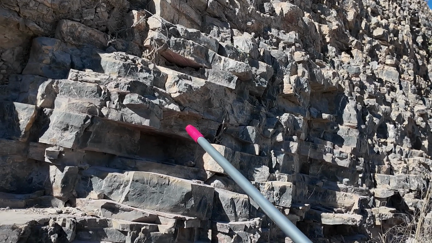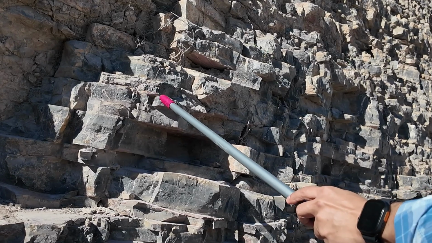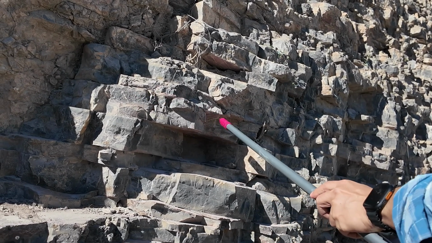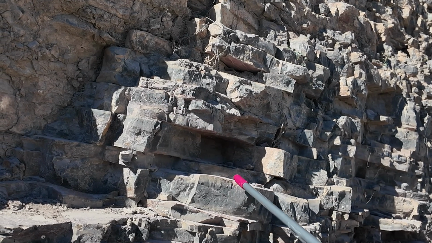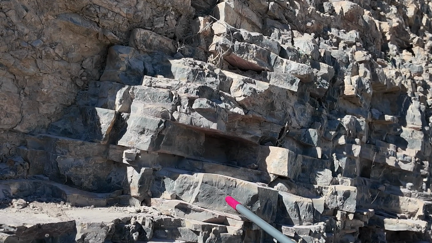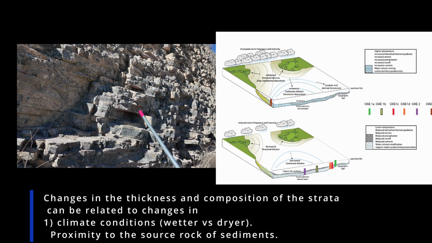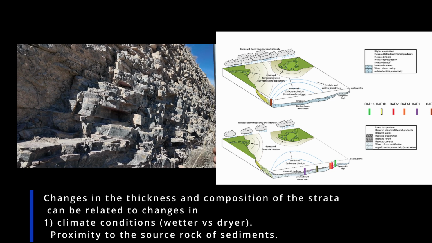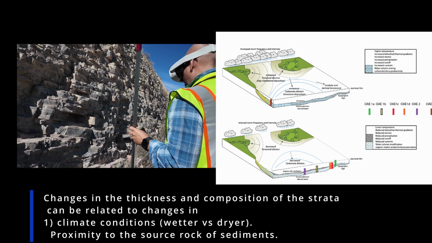For instance, during periods of high sea level, you usually have stratigraphic layers that are thinner than during periods of low sea level, right? However, this is not always the case. Sometimes whenever you have low sea level, you end up eroding the material that was previously deposited.